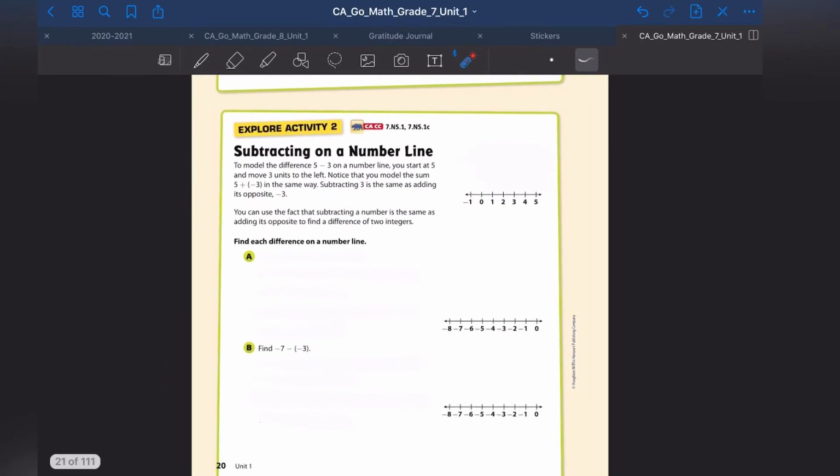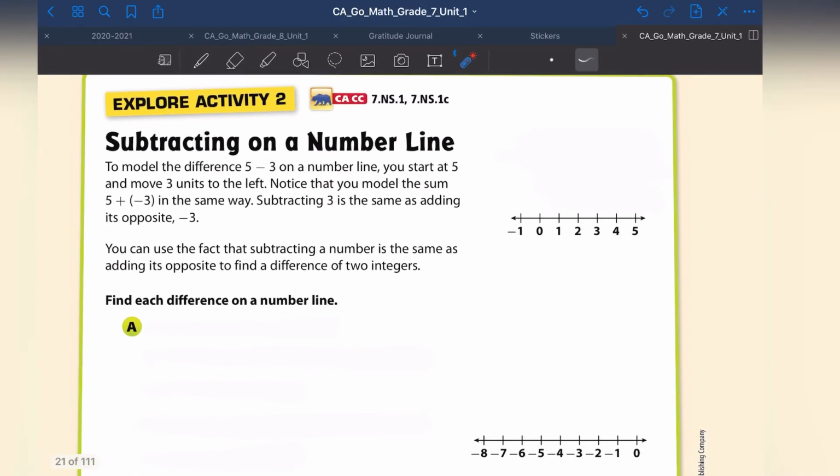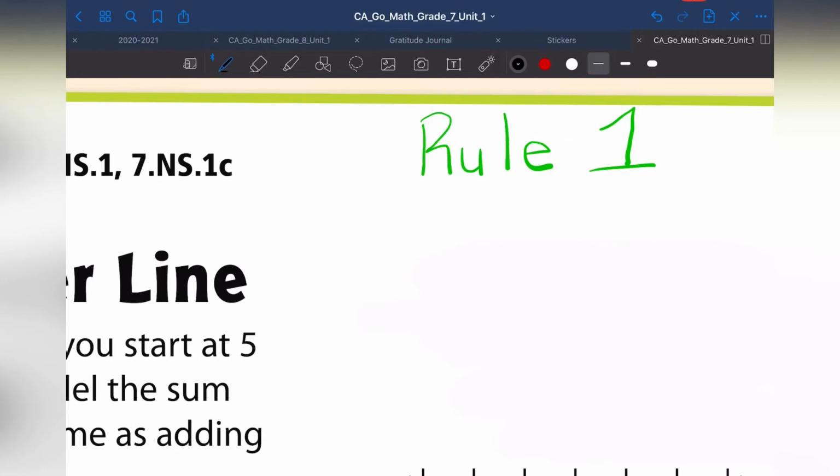Okay, on our next strategy, subtracting on a number line. So you already know, for this one, we have this special rule that will make your life a lot easier. So go ahead and get a piece of paper and write this rule, when adding or subtracting integers, and put that behind your math tab.